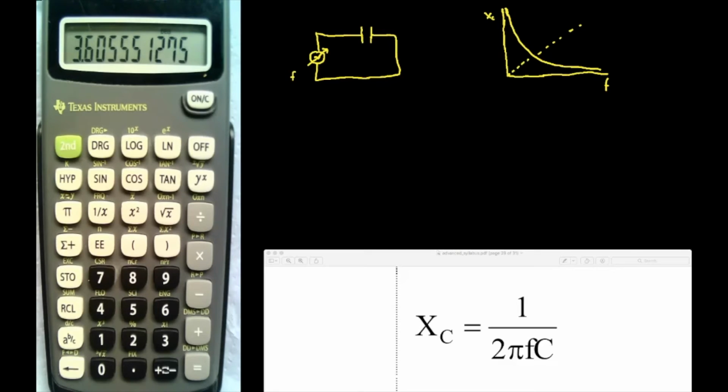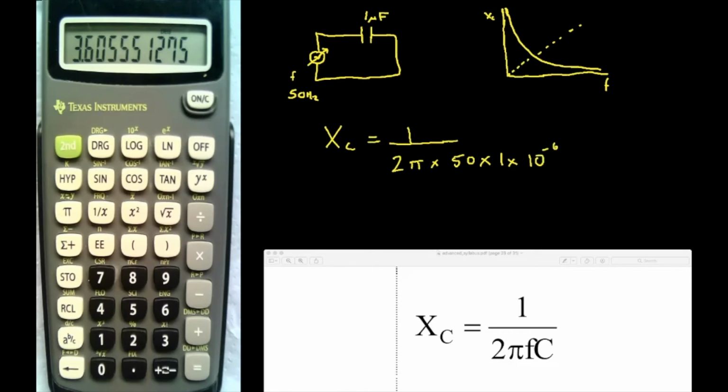Let's take, let's say, 1 microfarad, a fairly beefy capacitor, at 50 Hertz, and then Xc will equal 1 over 2 pi times 50 times 1 times 10 to the minus 6.